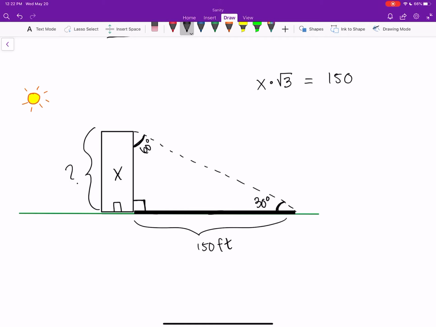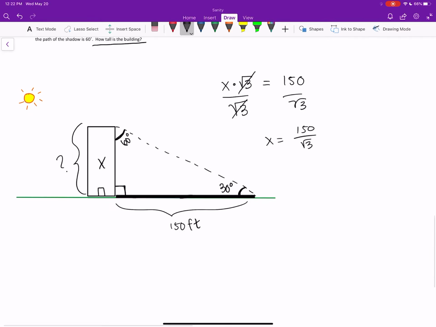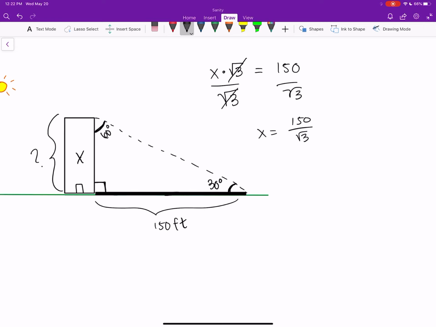So now that I've set up an equation, I can just solve for x. Divide by square root of 3 on both sides, and those cancel out, and I get x equals 150 divided by square root of 3. But we don't like square roots in the denominators, so just evaluate this down to a decimal. What did I get? I got 86.6 feet.